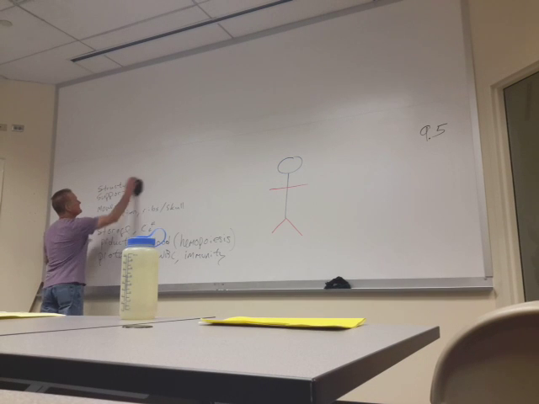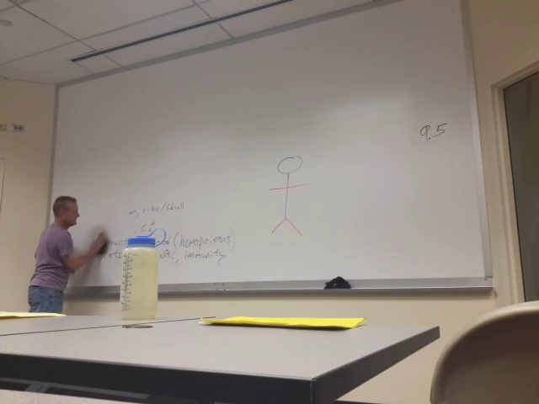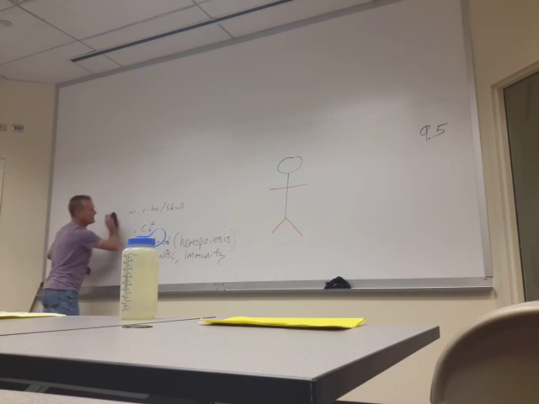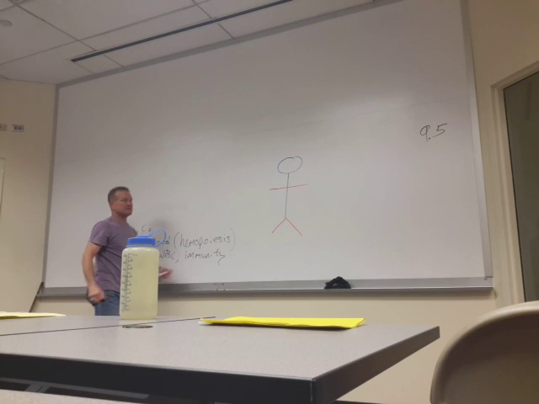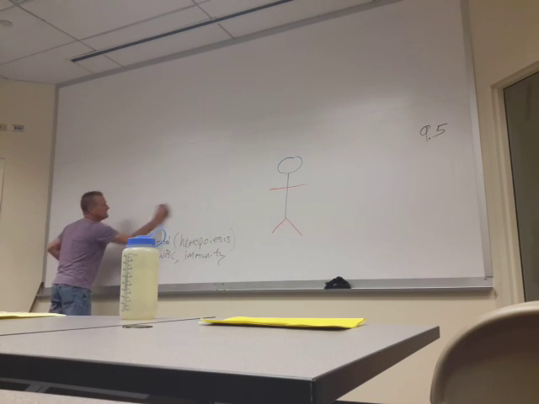The appendicular skeleton is divided into an upper division and a lower division, just like in the picture, corresponding to the arms and legs.